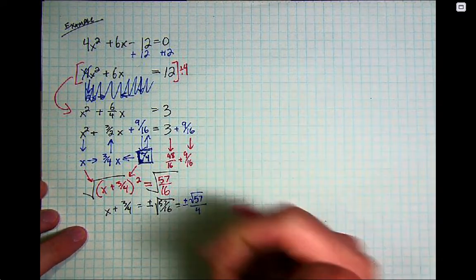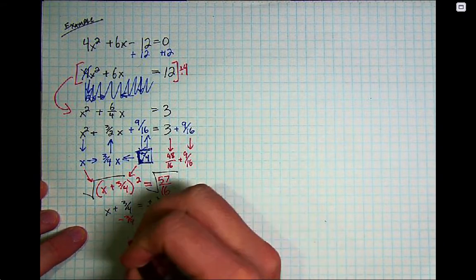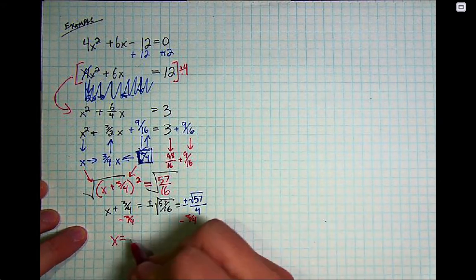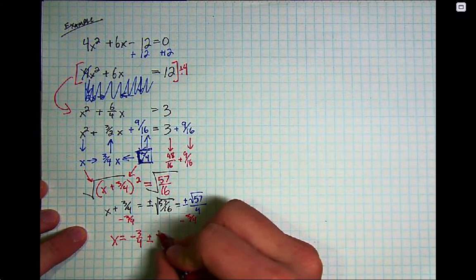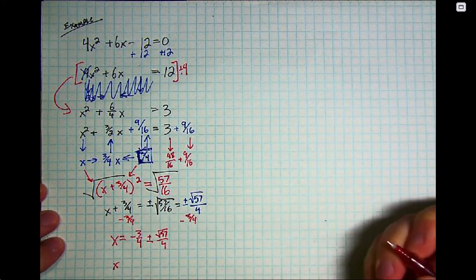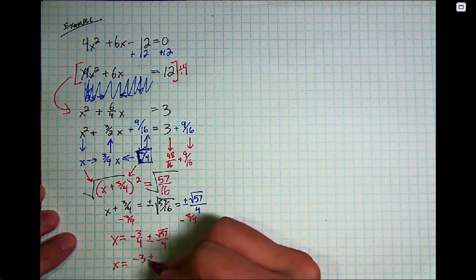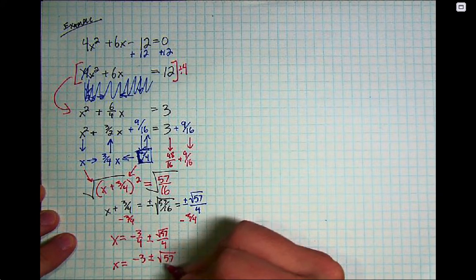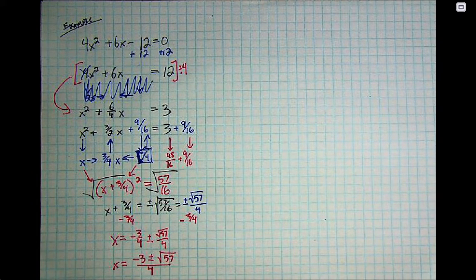Then when I take away 3/4 from both sides, my solution after all of this is going to be negative 3/4 plus or minus square root of 57/4, which eventually can be combined because they have a common denominator, and I get negative 3 plus or minus the square root of 57 over 4. And of course, you could put that in your calculator, get a decimal approximation of that if you would like to. But that's how we do the completing the square method.